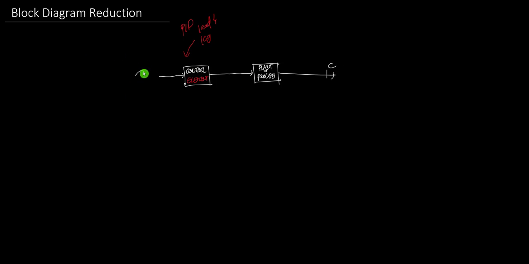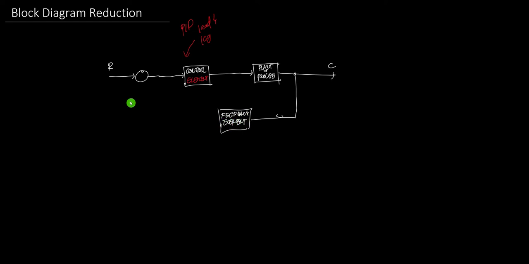Then we have a summing point somewhere here, because this is a feedback control system. It's a closed control system. So this is our R. We have a feedback, another block here, and we take a point, then this is the feedback element. Feedback elements usually are sensors, transducers.